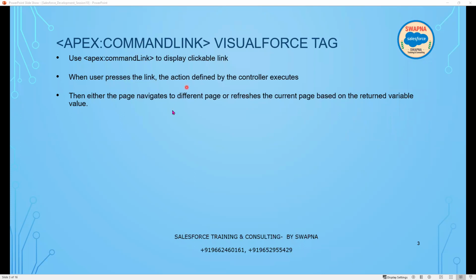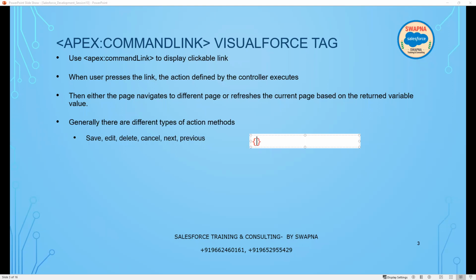Now, usually there are different types of action methods available: save, edit, delete, cancel, next, previous. For save, if I want to use the Salesforce save, I can use curly braces exclamation save, which is going to execute the normal Salesforce save logic.